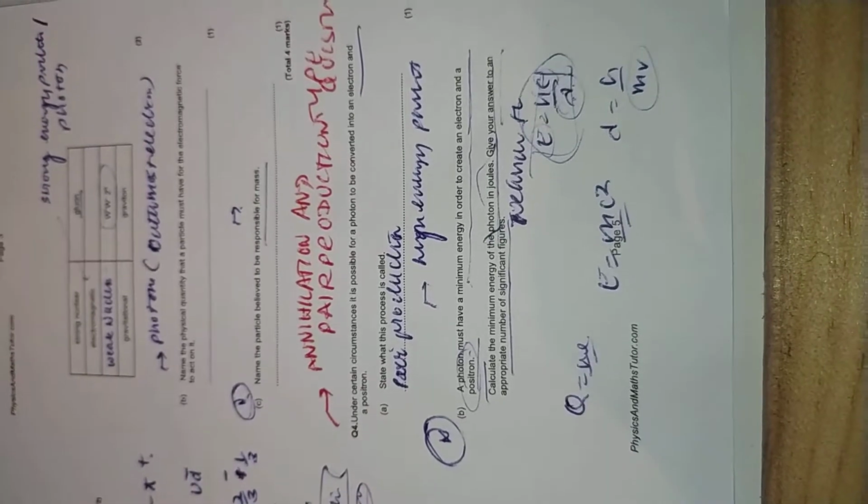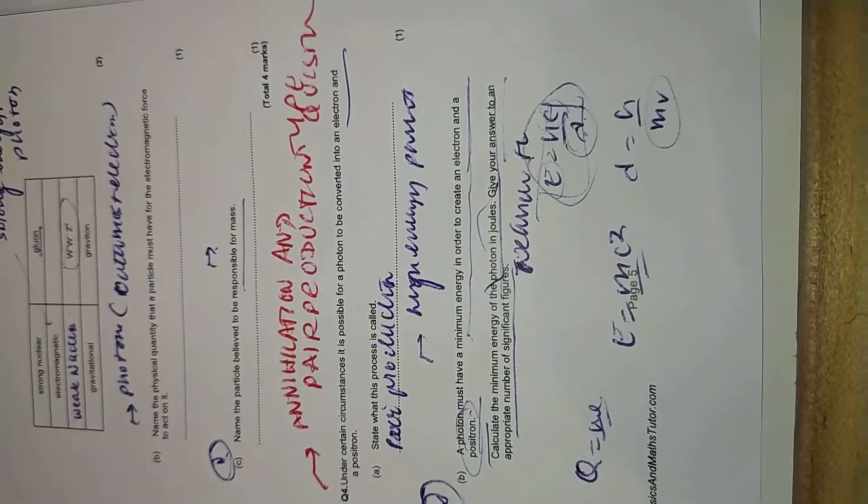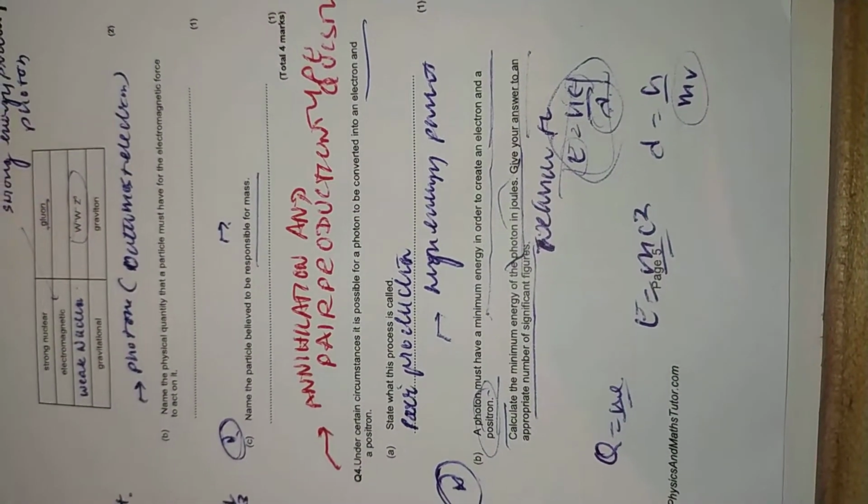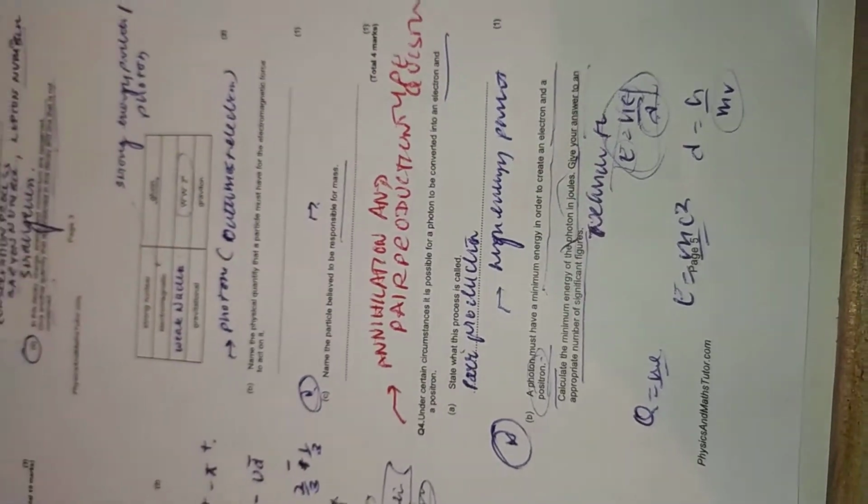Now, this is the question which trips up a lot of people, in fact, how to calculate the energy. Basically, this is a common formula which is used. The energy is equal to 2 times the rest mass energy.